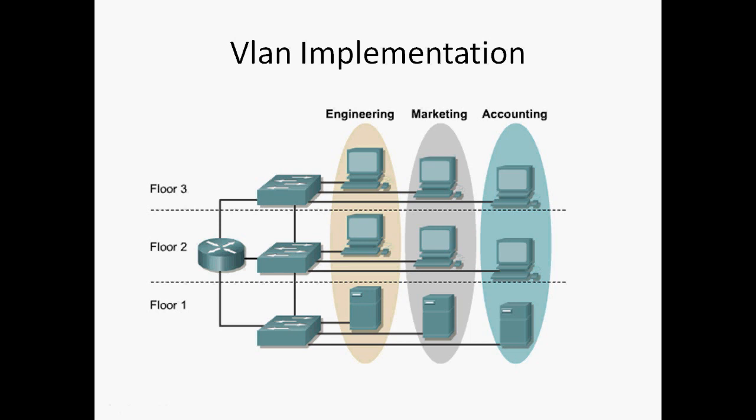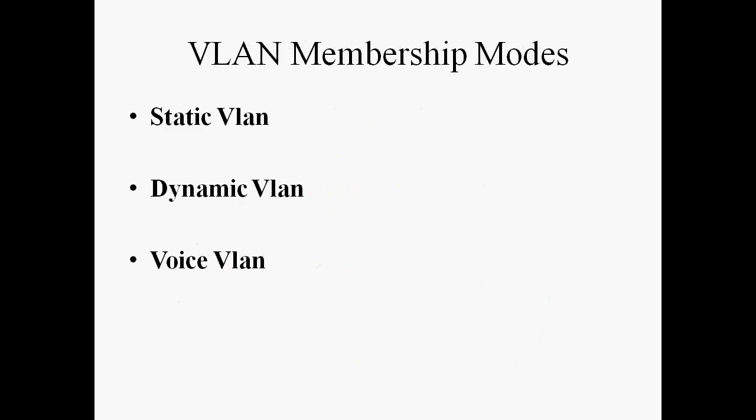But for VLAN 10 to communicate with VLAN 20 and 30, we can communicate only using a router, because VLAN 10 is one network, VLAN 20 is another network and VLAN 30 is another network. Different networks can communicate only using a router.